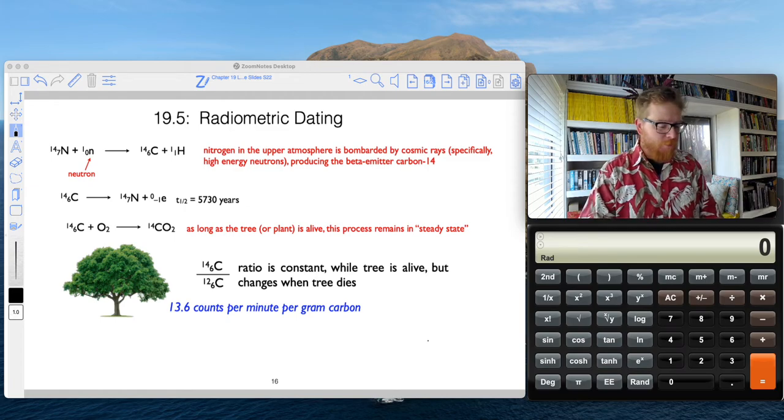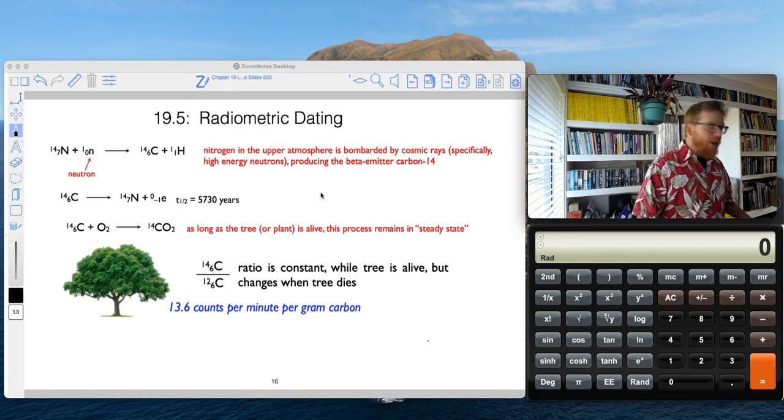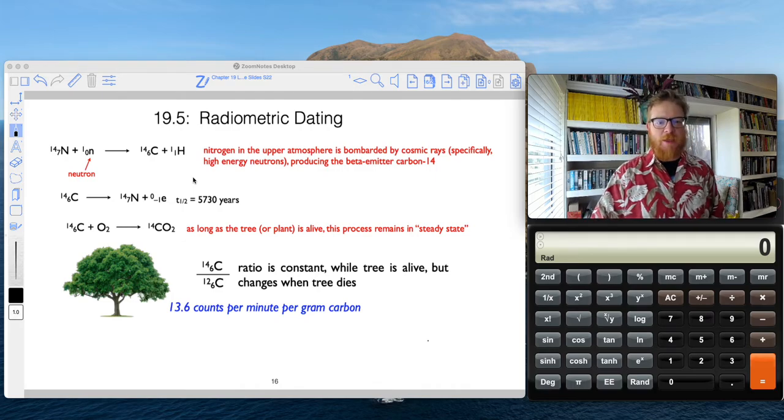Okay, so let's talk about radiometric dating, specifically radiometric carbon dating. This is pretty cool the way this works, and it's really intuitive that people figured out how to do this.